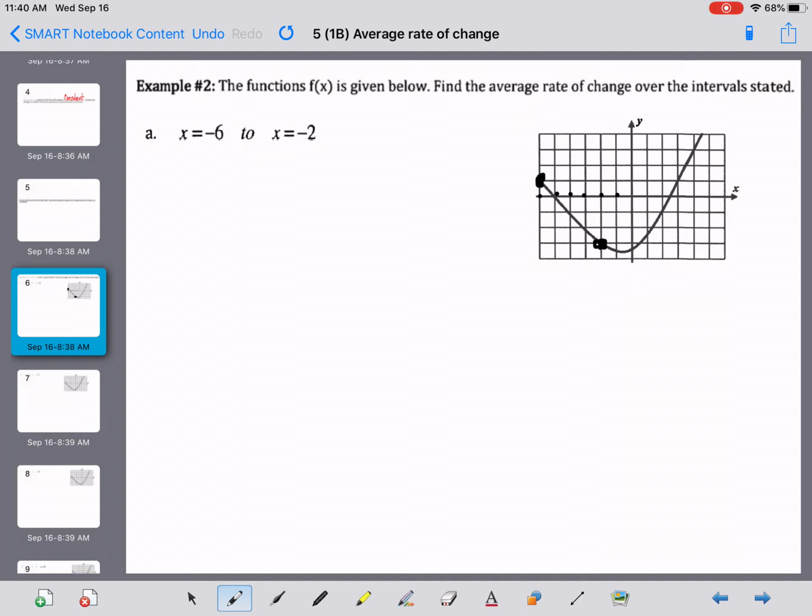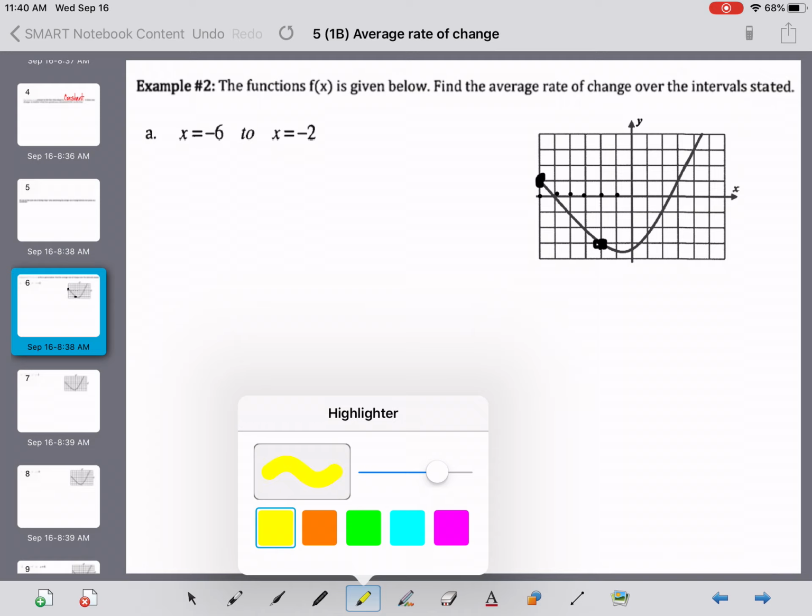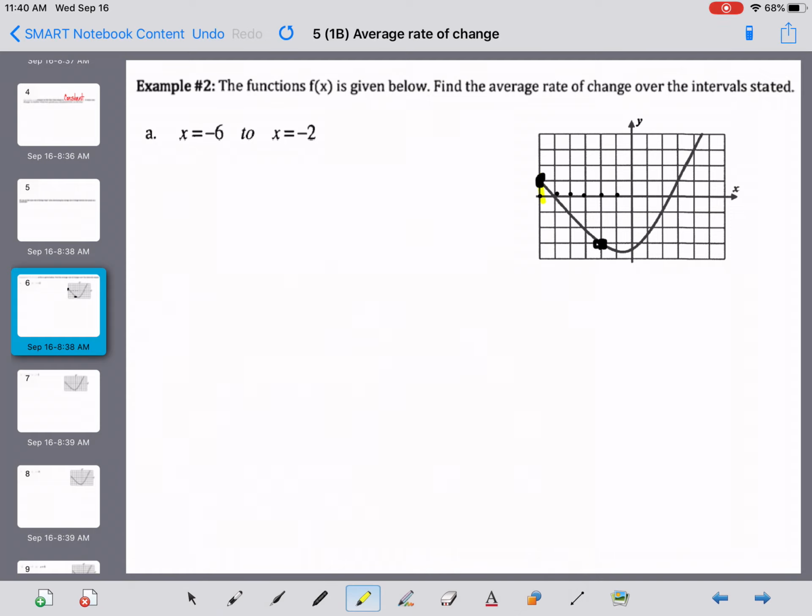point here. And again, what we're going to do is, let's draw a triangle. Let's use the idea of rise over run. So here's our triangle.